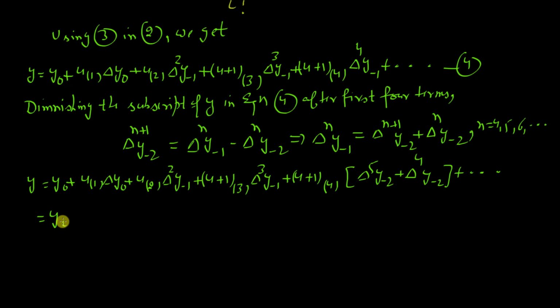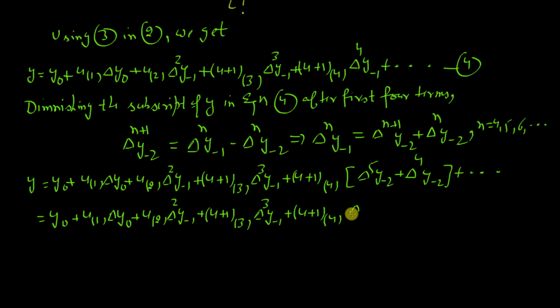This is further equal to y naught plus u1 delta y naught plus u2 delta square y minus 1 plus u plus 1 subscript 3 delta cube y minus 1 plus u plus 1 4, and it will be delta 4 y minus 2 plus u plus 1, and I don't need to write it because I am going to plus, okay, and so on.